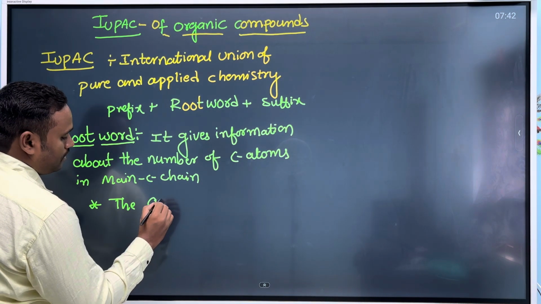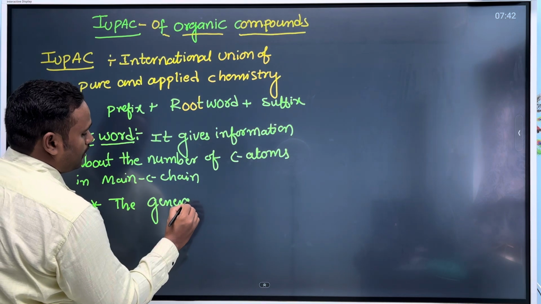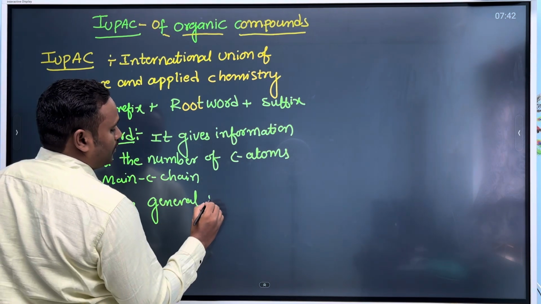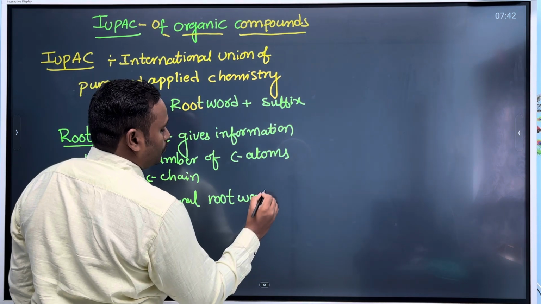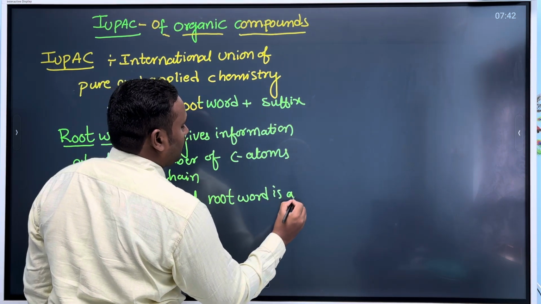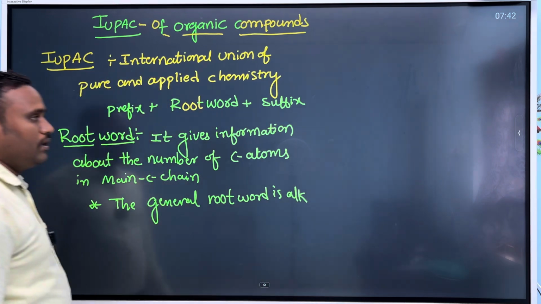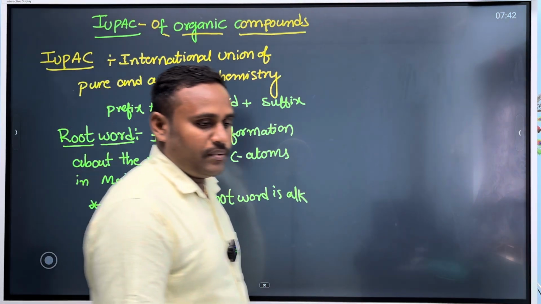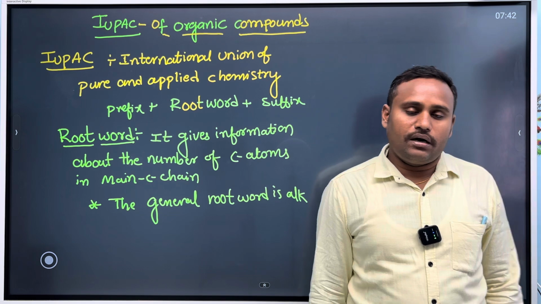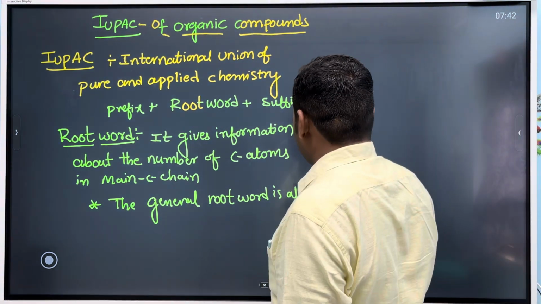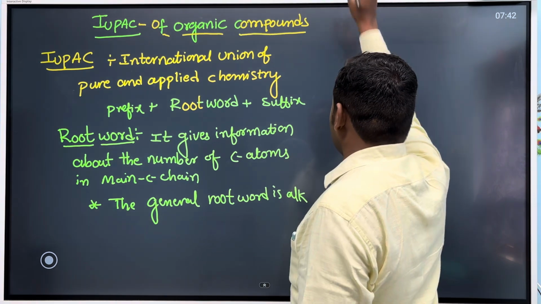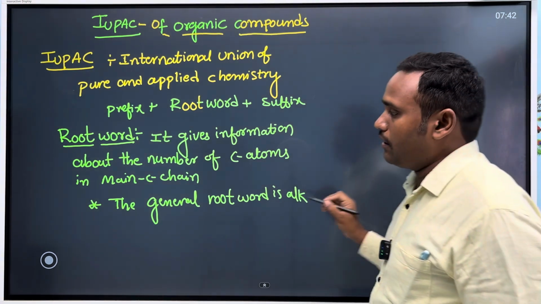Okay, so here the general root word is alk. Now let us see the different types of root words when we have different numbers of carbon atoms. The root word changes according to the number of carbon atoms in the main carbon chain.